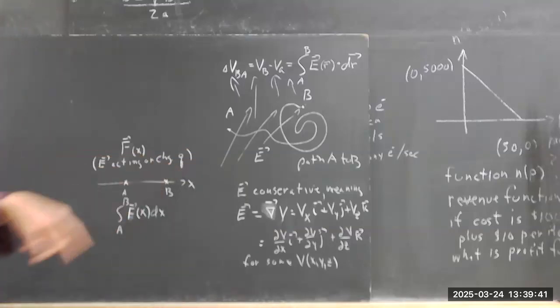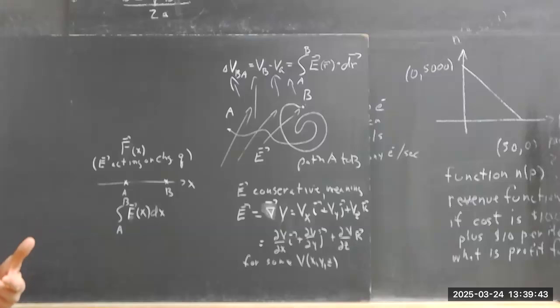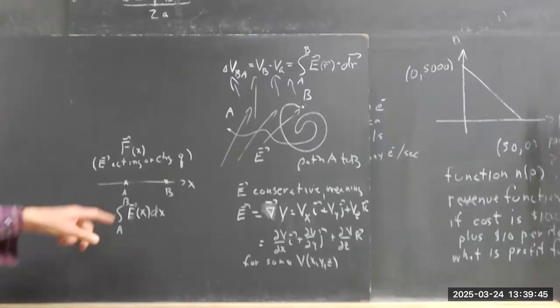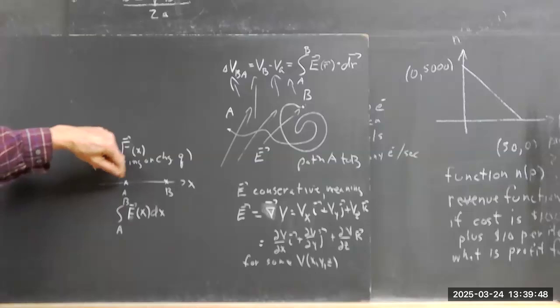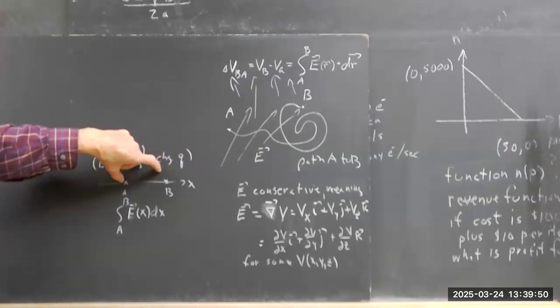F of x will be electric field acting at some charge Q. Now you've got a wire here, and you got some electric field between here and here.